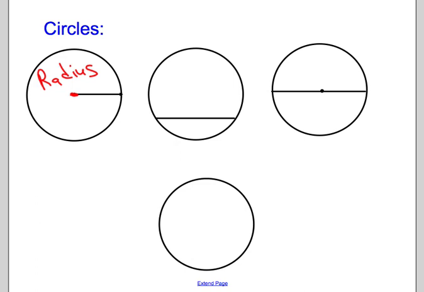Let's jump over to this circle on the right. This circle has a segment whose endpoints are on the circle's edge, and that goes through the center of the circle. That is called a diameter.